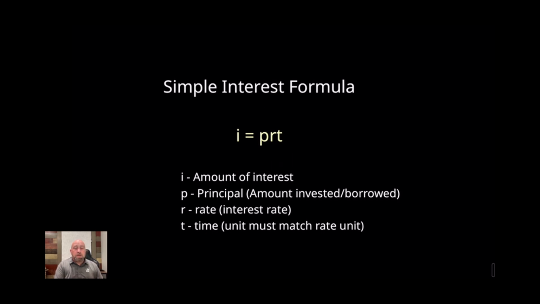All right. Here it is. I equals PRT. Maybe you've heard that before. I equals PRT. It's fairly common formula that we use in different things, banking and investments, things like that. So the I stands for, and you can see it down here, the amount of interest. Interest is not like something's interesting. Interest is how much money you make on your money when it's in the bank.